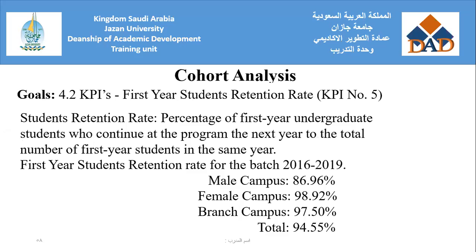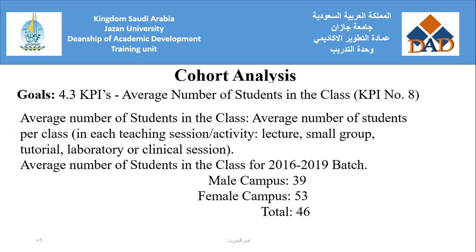Another KPI is the first year students retention rate. This is how many students continued the program after the first year. In total, we observed a 94.55% retention rate. And the average number of students in the class. The definition is the average number of students per class, how many students are in the class.